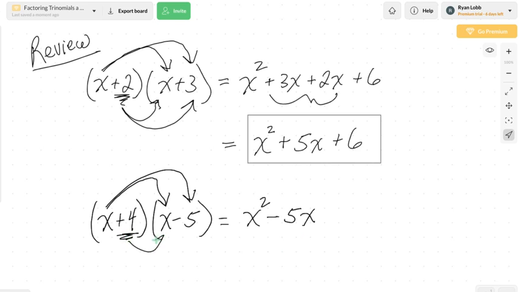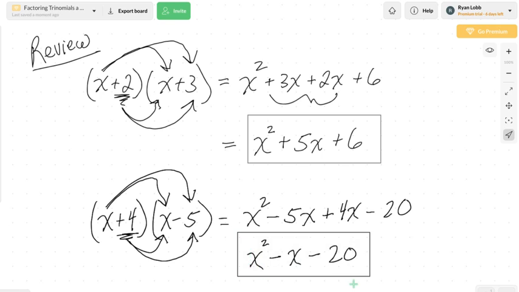Positive 4 times x is plus 4x, and positive 4 times negative 5 is minus 20. Make sure you watch positive times a negative. Simplify and combine our like terms: we get x squared, negative 5x plus 4x is minus x, and then minus 20. Okay, so that would be multiplying x plus 4 times x minus 5. All right, so there's multiplying.